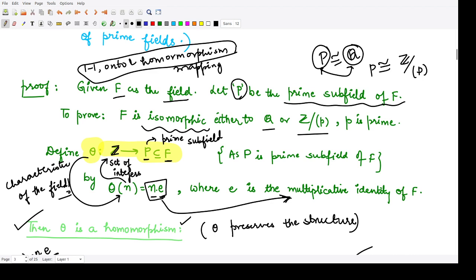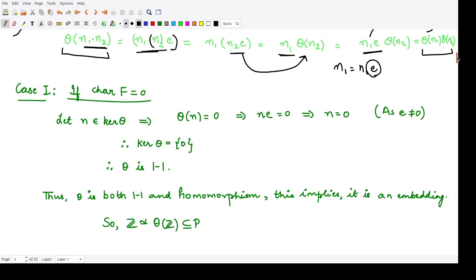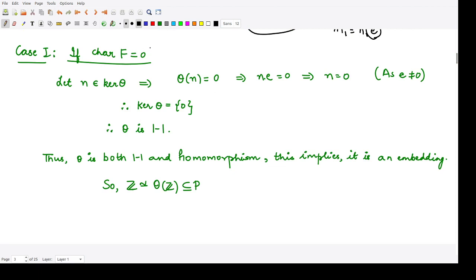So in the first case, we only have two kinds of characteristics. If the characteristic of the field is equal to 0, what would happen? For which field do we say the characteristic is equal to 0? When we have the field of rationals.